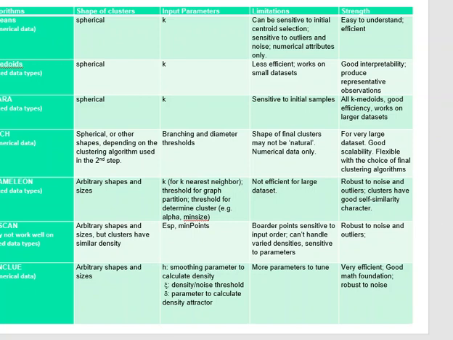But you can see that I have listed in this table the algorithms, the shape of clusters each algorithm tends to produce, and the input parameters, the hyperparameters that the user decides, and the limitations and strengths of the methods that we have discussed so far.